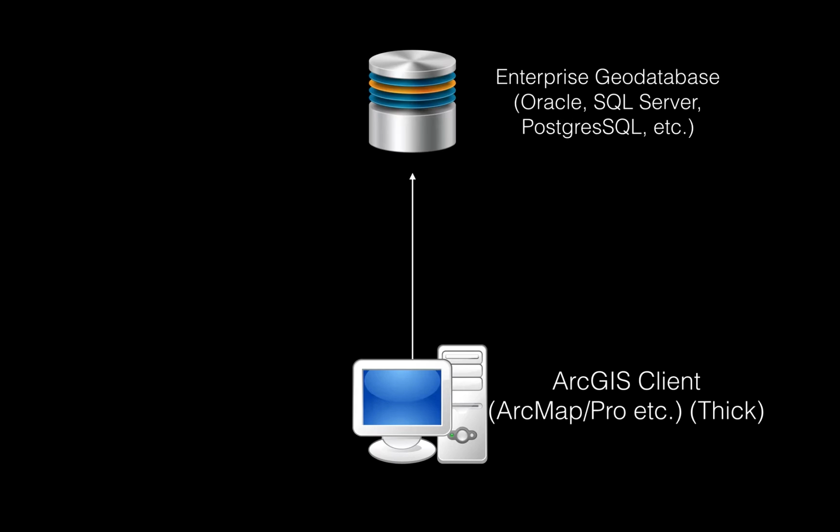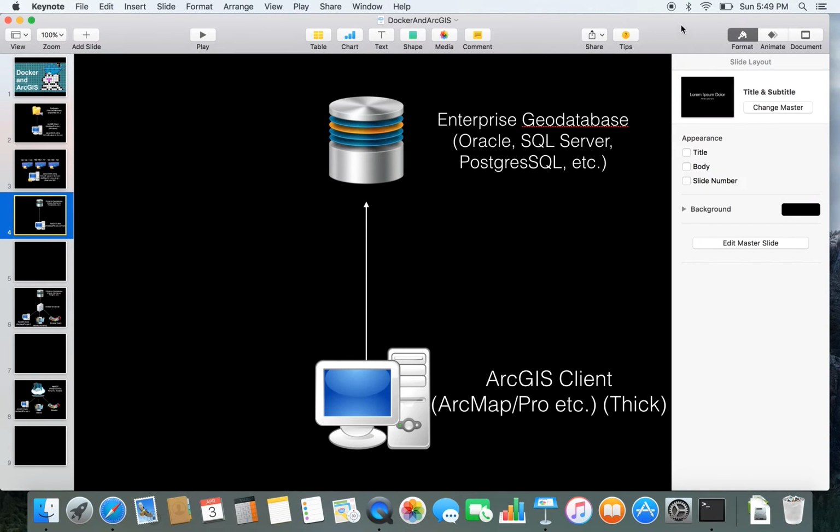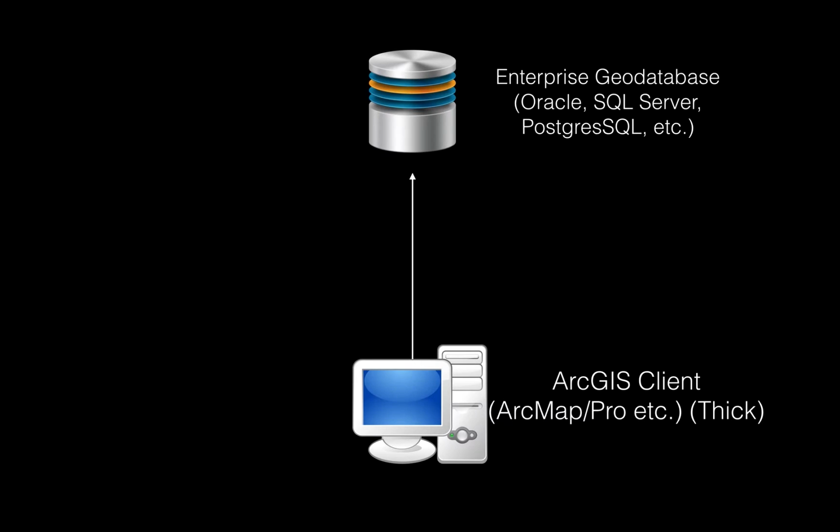Right, so client-server. All right, who doesn't like client-server, right? So you have yourself your client. This is a thick client, could be ArcGIS Pro, and these connect to the database, which is on another machine. Could be on a local machine, nothing stops you from that.